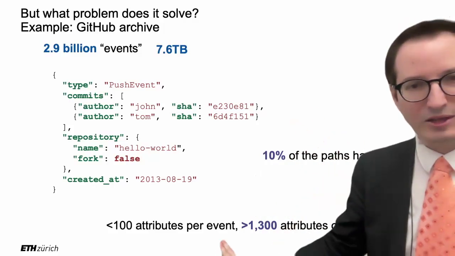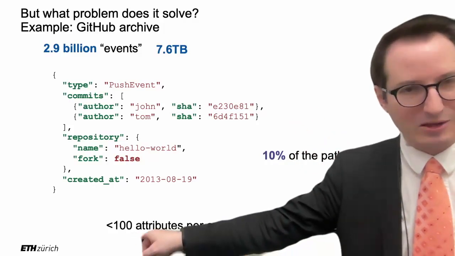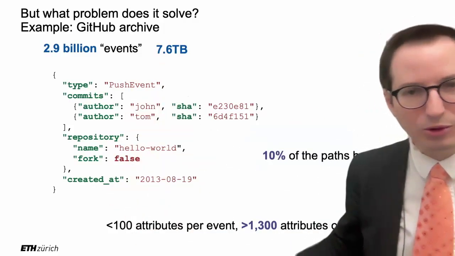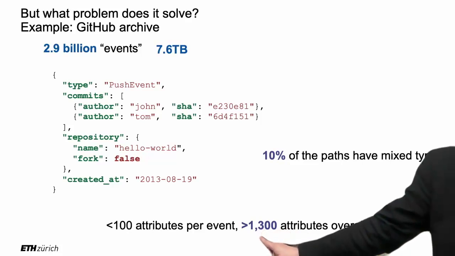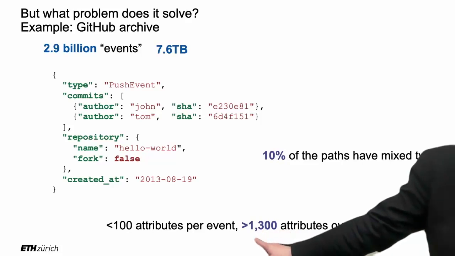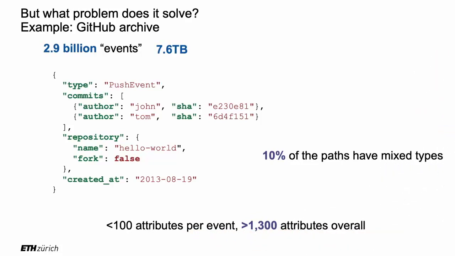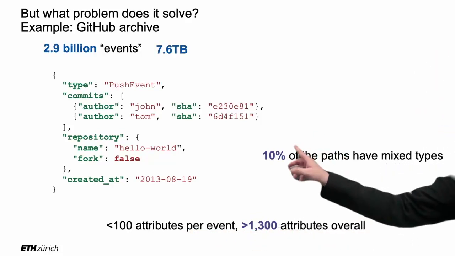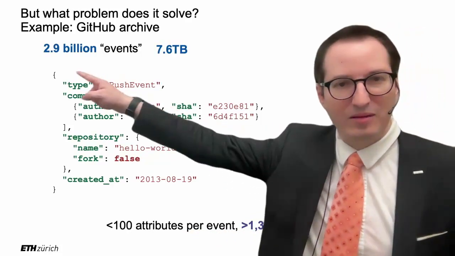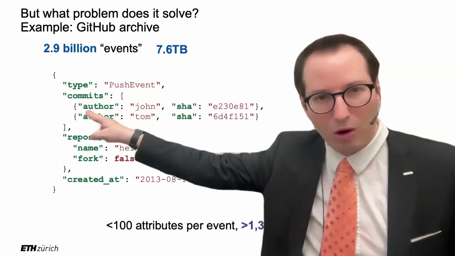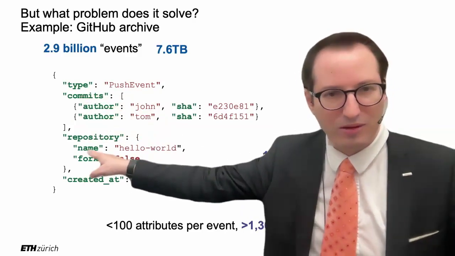It's also heterogeneous because even though every event has roughly 100 attributes, in total, there's 1,300 attributes. So this is very sparse and very heterogeneous, right? They don't all have the same attributes. And if you look at the path, what do I mean with a path? I mean type is a path, commits.author is a path, repository.name is a path.